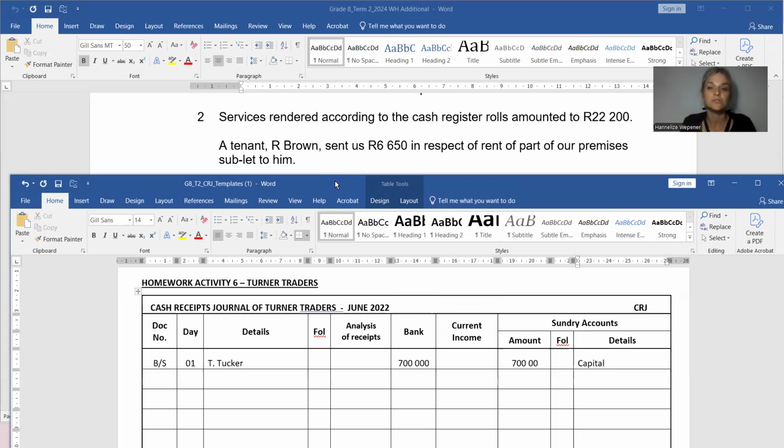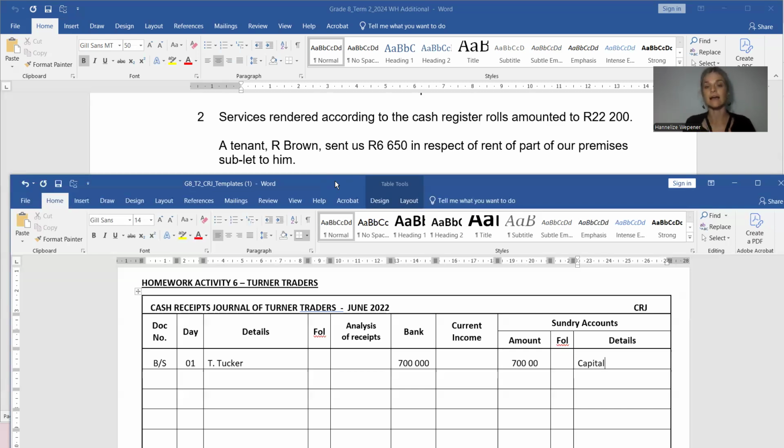So you need to now just note that if we don't tell you it is money that we received via a direct deposit, it means that we received the money at our business premises and we therefore had to issue a receipt. And as soon as you have more than one cash amount received at your business premises on the same day, you will reflect only one amount in bank.